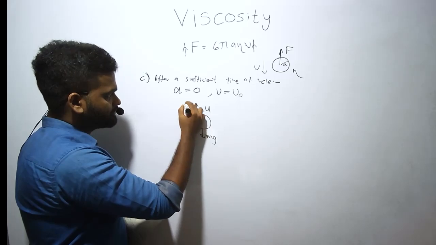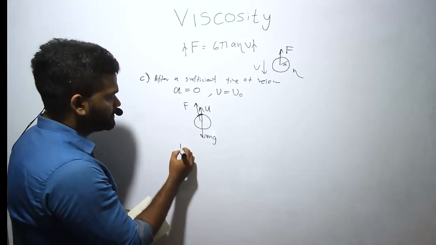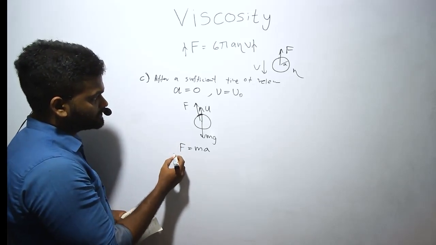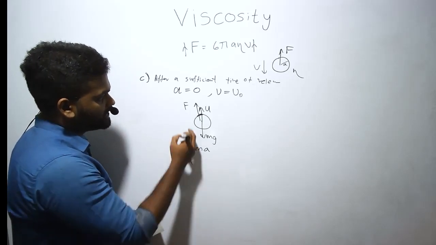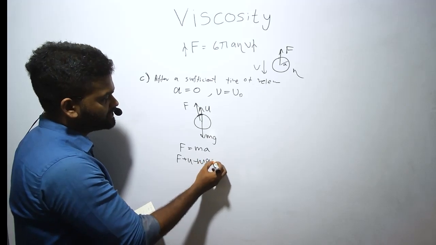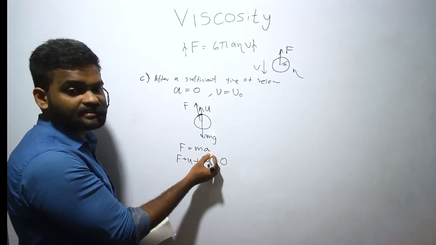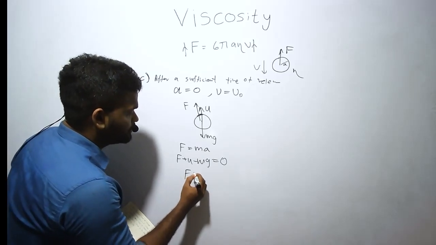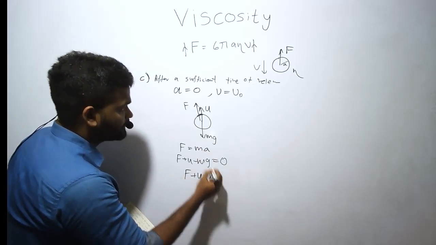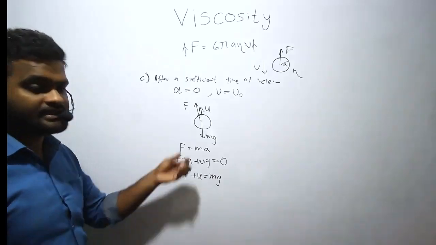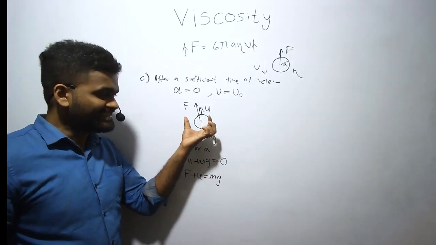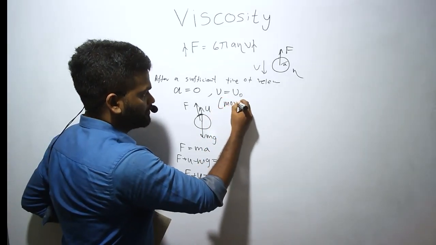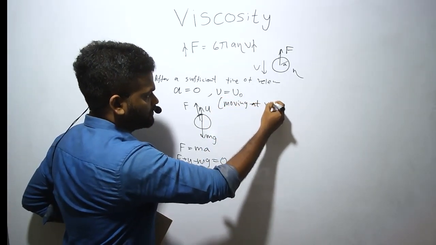Then there's F. If you think about F equals ma now, so what are the forces? F plus u minus mg equals 0, right? Because acceleration is 0 now. You can write F plus u equals mg. F plus u equals mg. Now this is in equilibrium. This is moving at constant velocity. Okay.